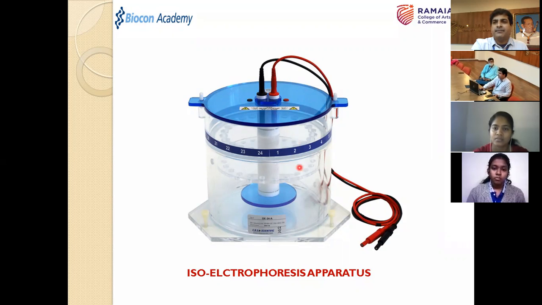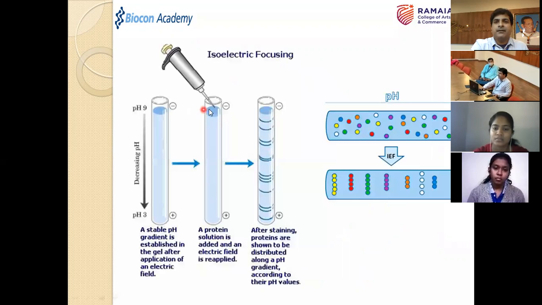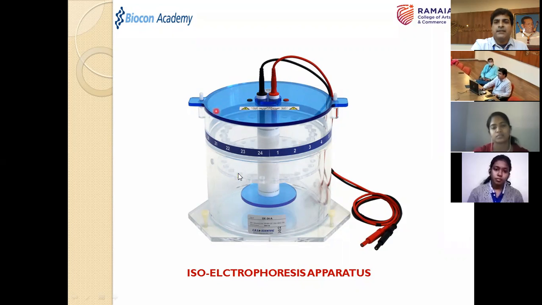Clear, right? Because here in tube gels, you are loading your sample on the top portion of the tubes. Then you insert them in the slots, and after loading the sample, you fill this with buffer, and samples will move from top to bottom through the different pH regions.